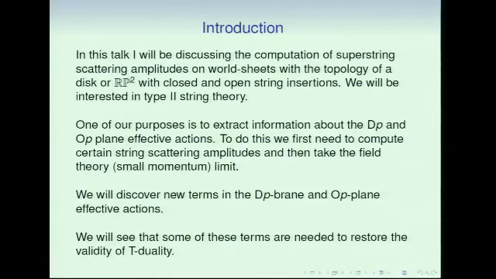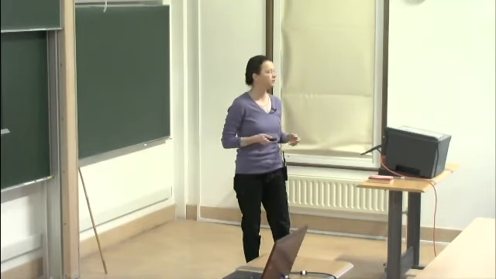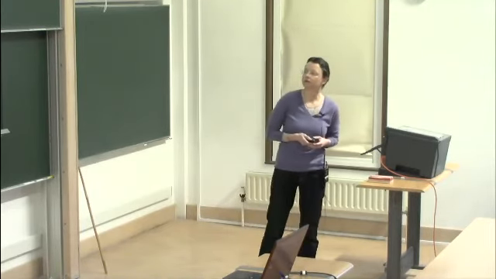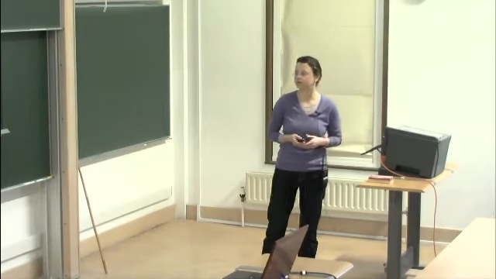Now, yesterday Ruben gave a nice long list of motivations why it is interesting or useful to include the B field in higher derivative terms. So this means I can skip that. And so the only motivation I'm going to give you is that we need them to restore consistency.